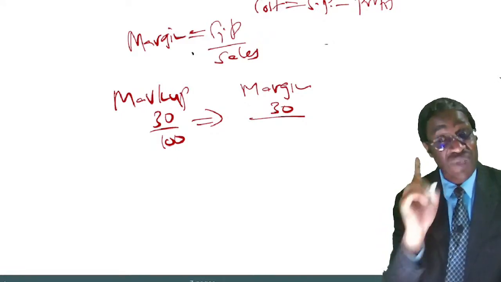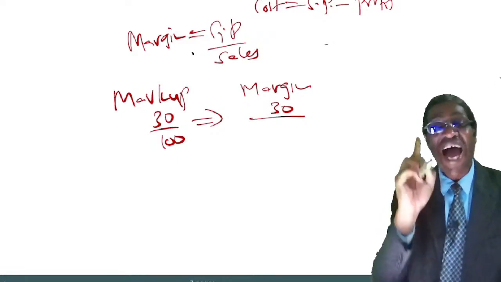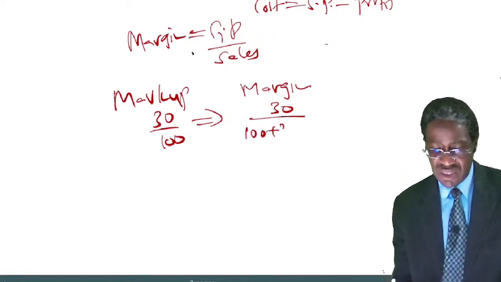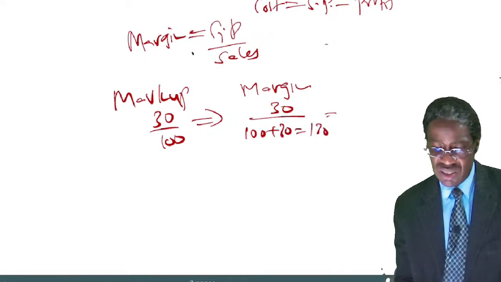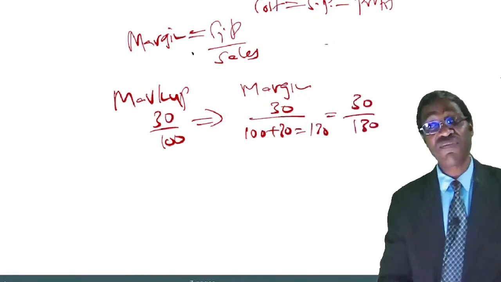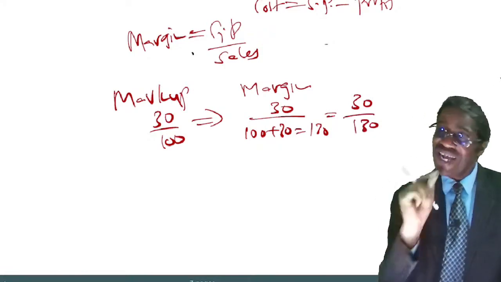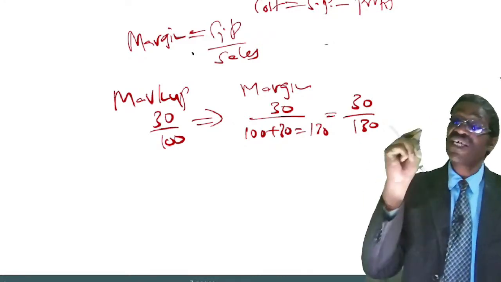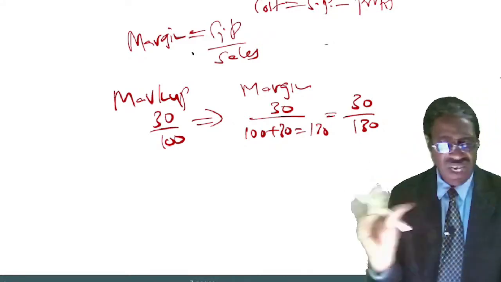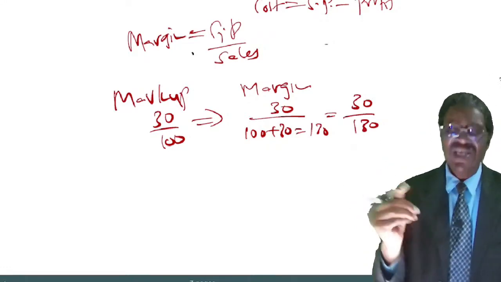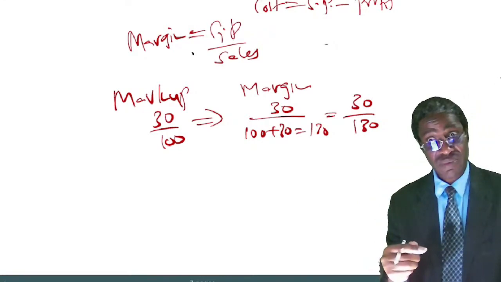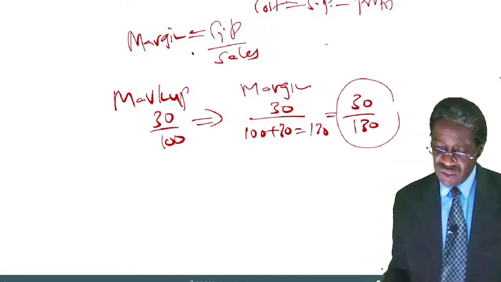Then you take that same numerator and add it to the denominator. So it will be 100 plus 30, which comes to 130. So our markup is 30, and the margin will be 30 divided by 130. Whichever the figure is, take that numerator and add it to the denominator. That will give you the margin.